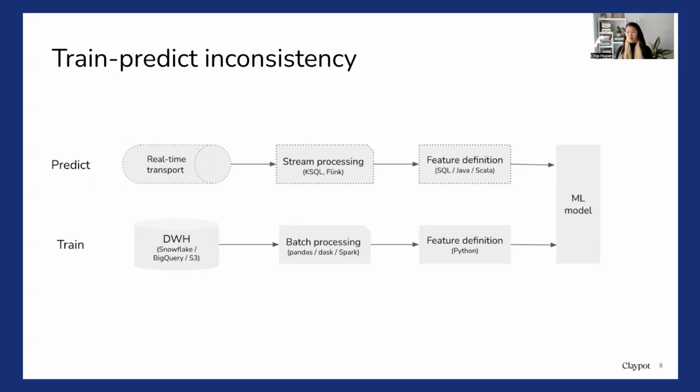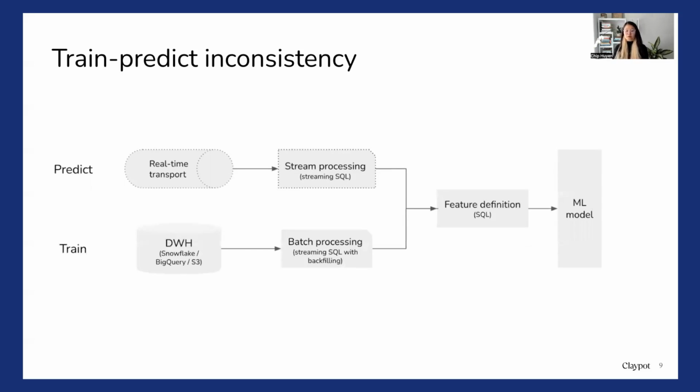There are various ways to go about it, but one way that we've seen a lot of companies adopt very successfully is to leverage stream processing as a base. What that means is that when we write feature definitions, instead of writing them in Python, we write the feature for the online prediction process. So we write SQL definitions, and then during predictions we can just use stream SQL to compute these SQL features.